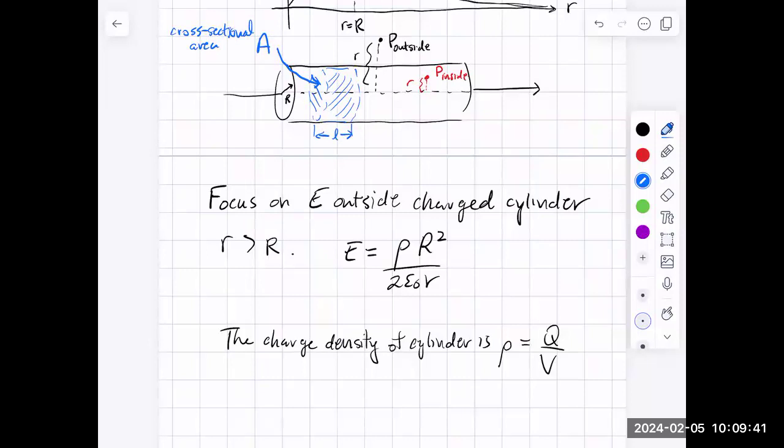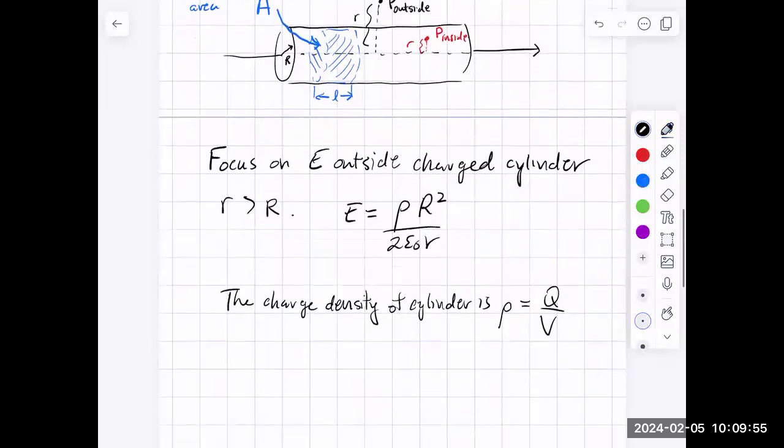So if I knew the total charge of that blue shaded section of our cylinder, and then I divided by the volume, that would tell me the charge density. So if we tried that, we would say rho is equal to Q divided by the volume.